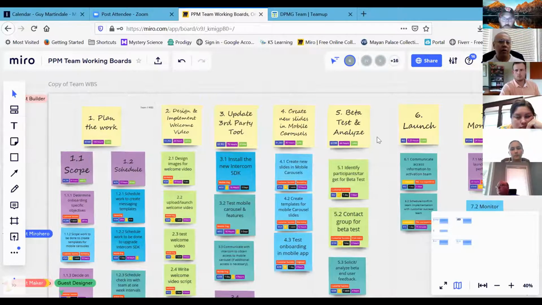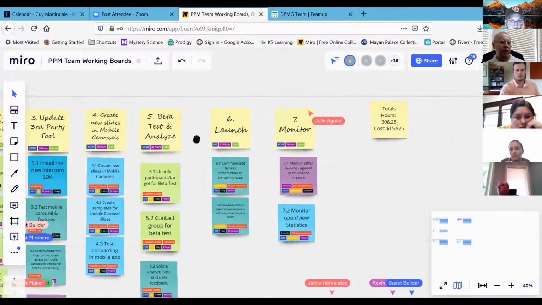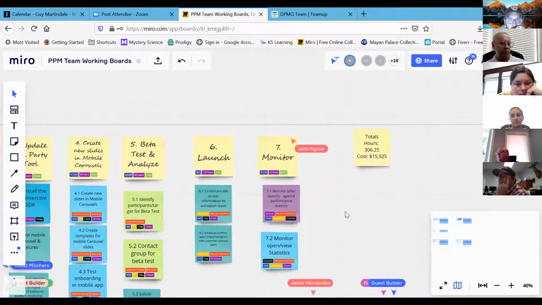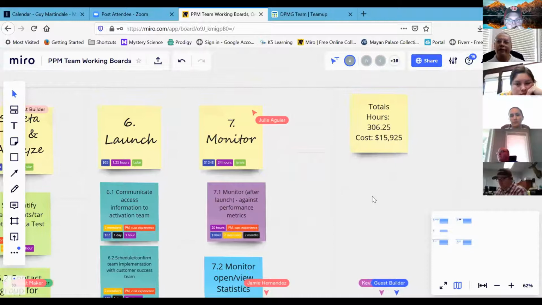So first tell us what you did on your chart, how you rolled it up, what's the number, where did you end up? Because I know you guys rolled yours up. Total hours. Oh, I see you upped your hours. There may have been an incorrect calculation the first time.